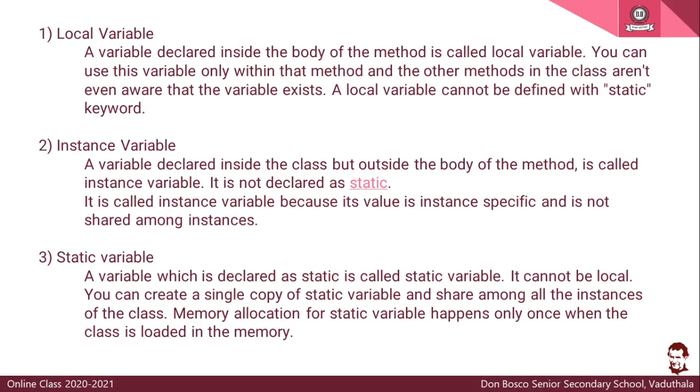Local means a variable you declare inside a for loop, inside an if statement, or inside a function. This type of variable we call a local variable. Normally, if you declare a variable inside one scope, between an opening and closing bracket, that variable cannot be accessed outside.